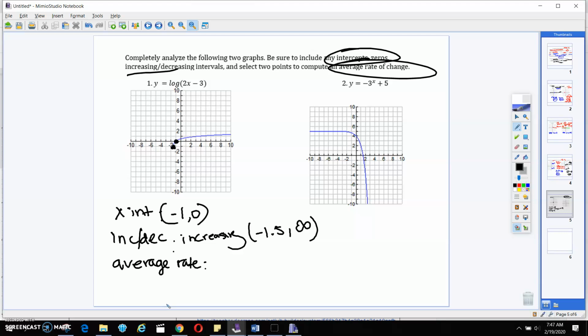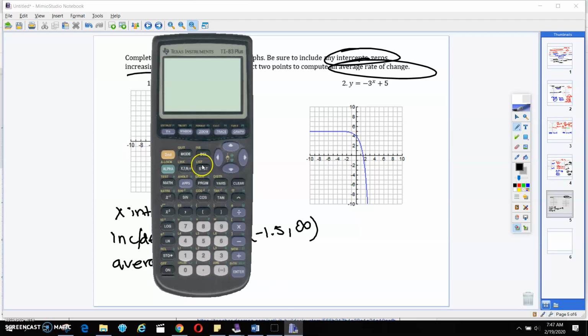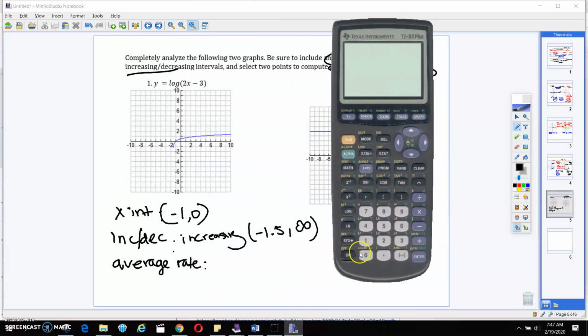So, for instance, I would use the points probably 4, 1. Or I could come into my graphing calculator and actually find exact points.